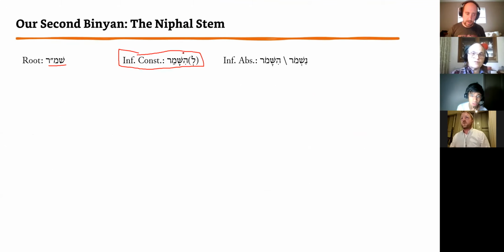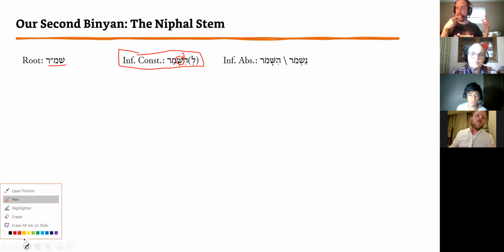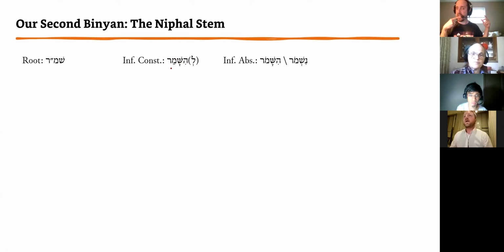Imagine that the nun was there after the hey. It's been assimilated into the shin. And the infinitive absolute, instead of lishamer, is hishamor. The infinitives are not that important at this point.